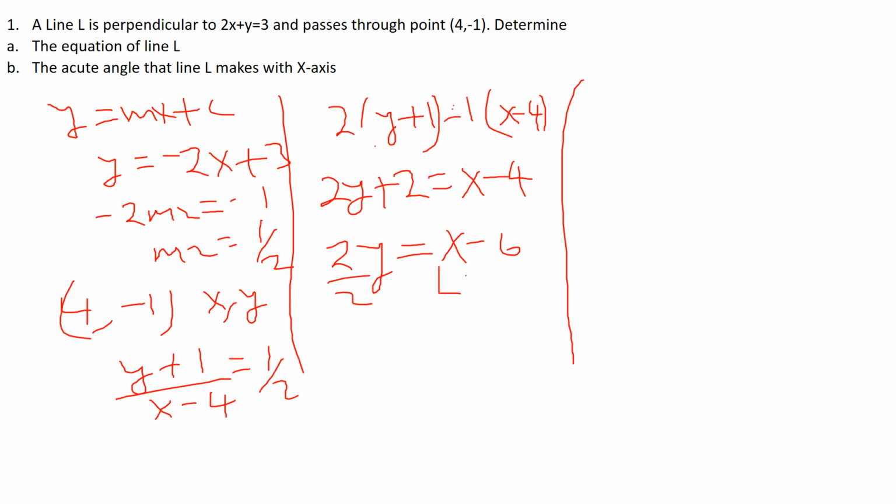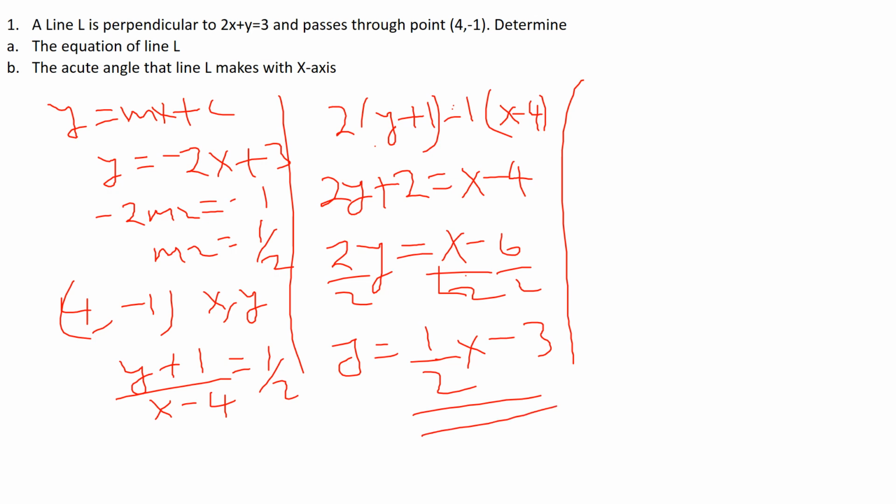Then we can divide all through by 2, so we are going to be left with y is equal to half x minus 3. So that is the equation of our second line.